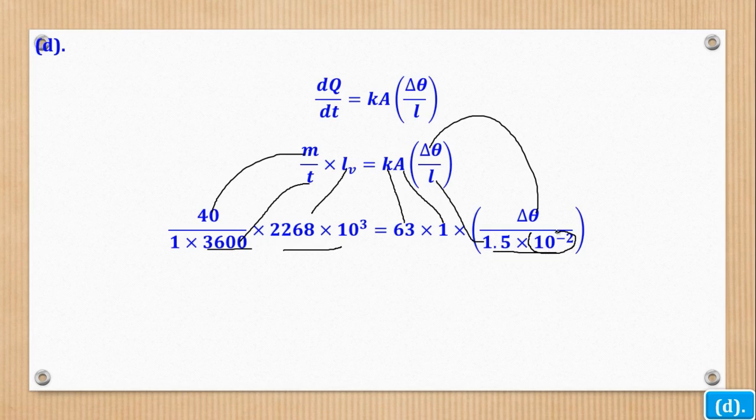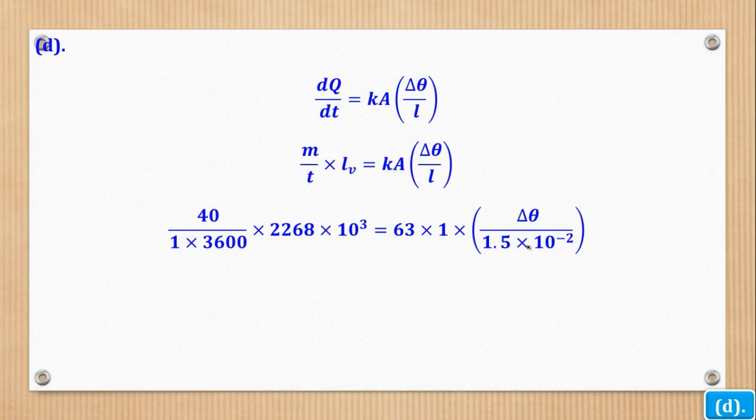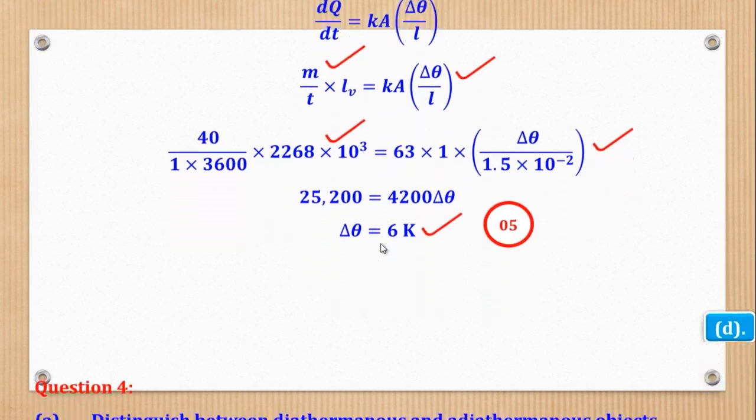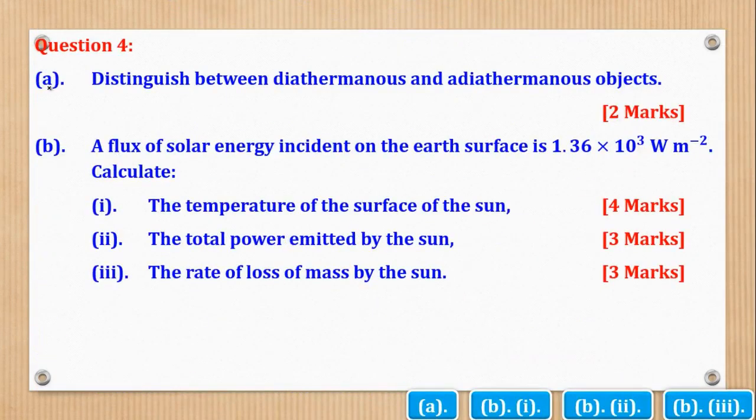Now my aim is to make the change in theta the subject. When I do that, I come up with 6 Kelvin. And that is how the marks would be awarded. Now we shall go to question 4. Question 4 part A says: distinguish between diathermous and adiathermous objects.